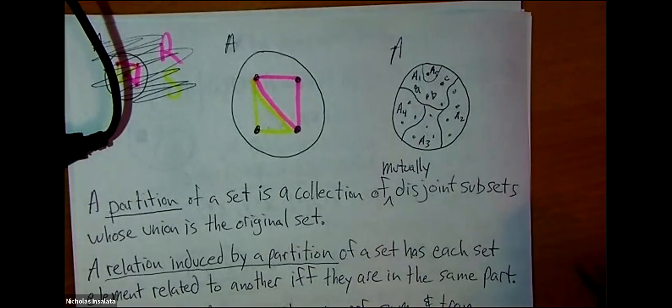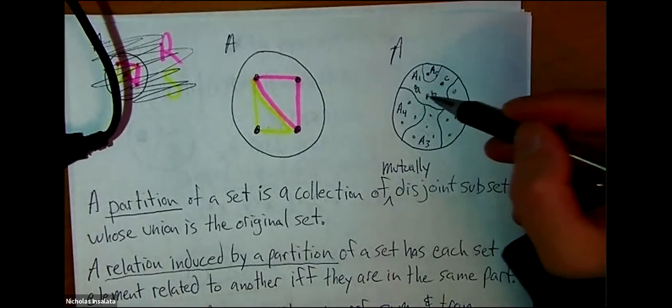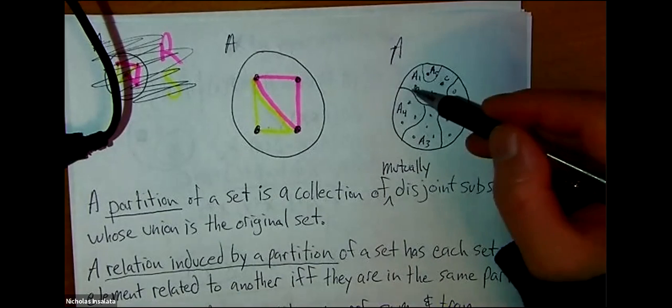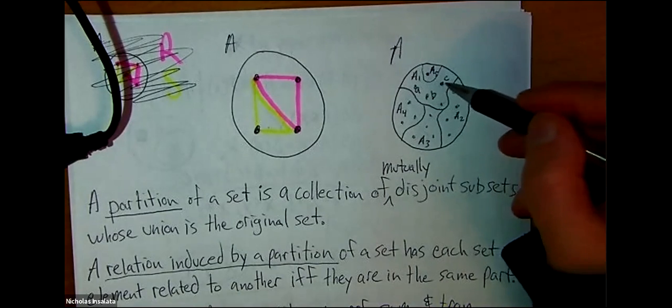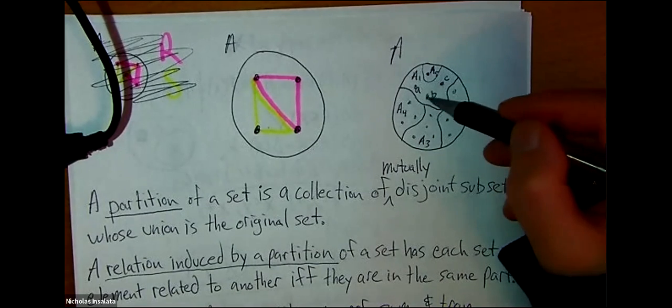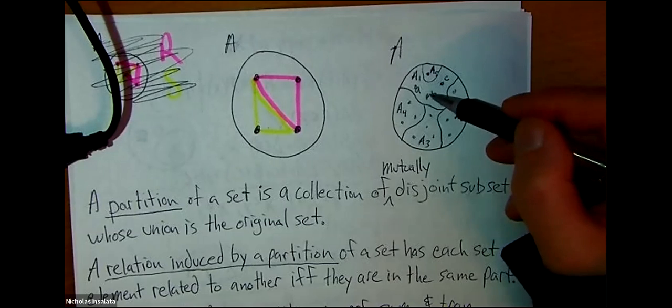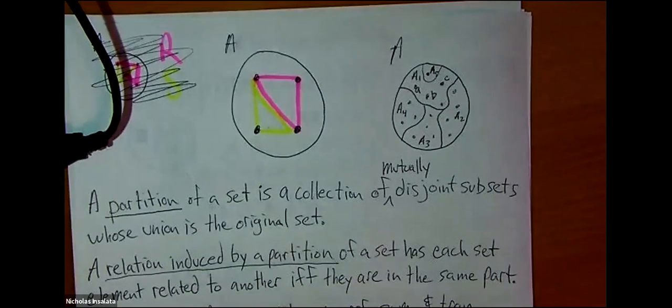A relates to B, B relates to C, so A relates to C, C relates to itself, C to B, B to C, all the rules are satisfied. So all of these are equivalent to each other inside of A1, which means the equivalence class is all the things that are equivalent to each other, and that just is A1.